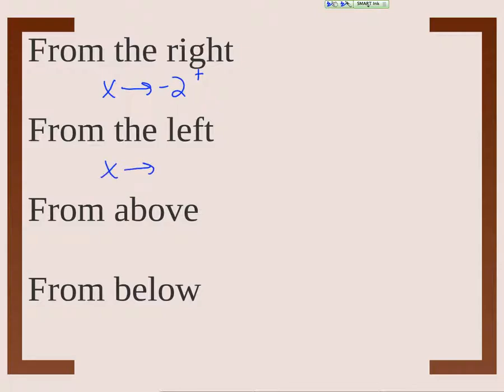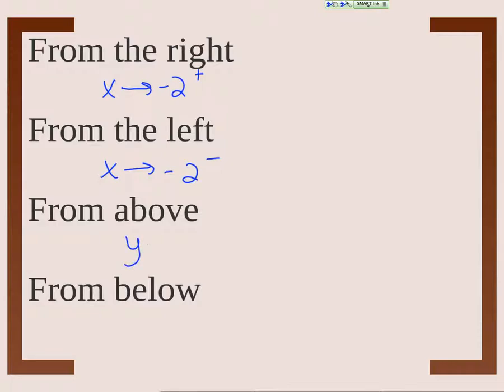And then if I'm talking about from the left, I put a little minus after it. So this will make more sense in a second. Jot these down. Just keep in mind that from the right, we'll have a little plus after it, and from the left, we'll have a minus after it. These numbers change depending on your asymptotes.